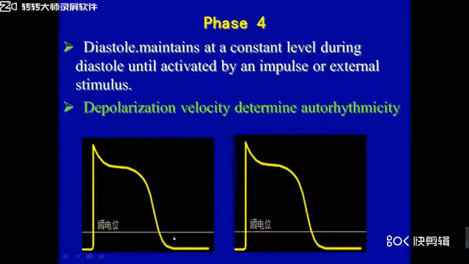But for sinus node myocytes, the channel is the calcium channel, and we call it the slow calcium channel. So from this, we know the sodium channel and calcium channel determine autorhythmicity. Okay.